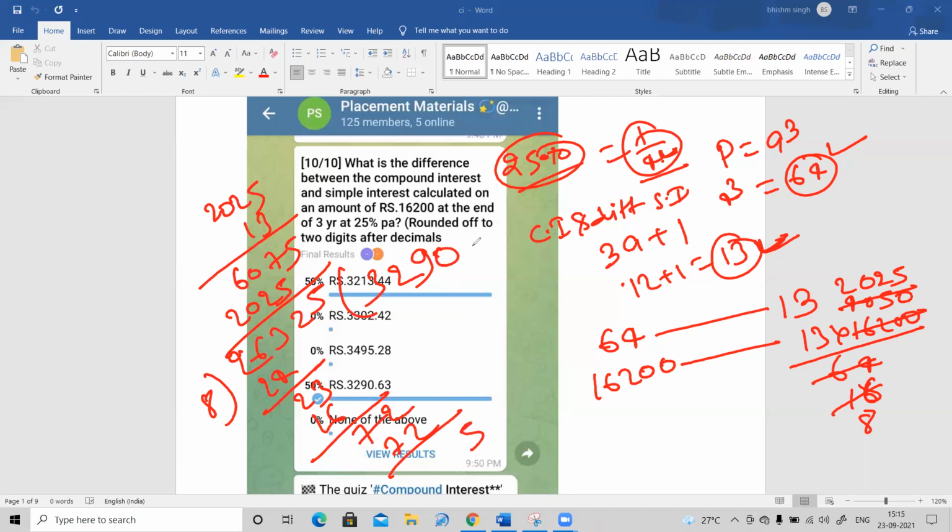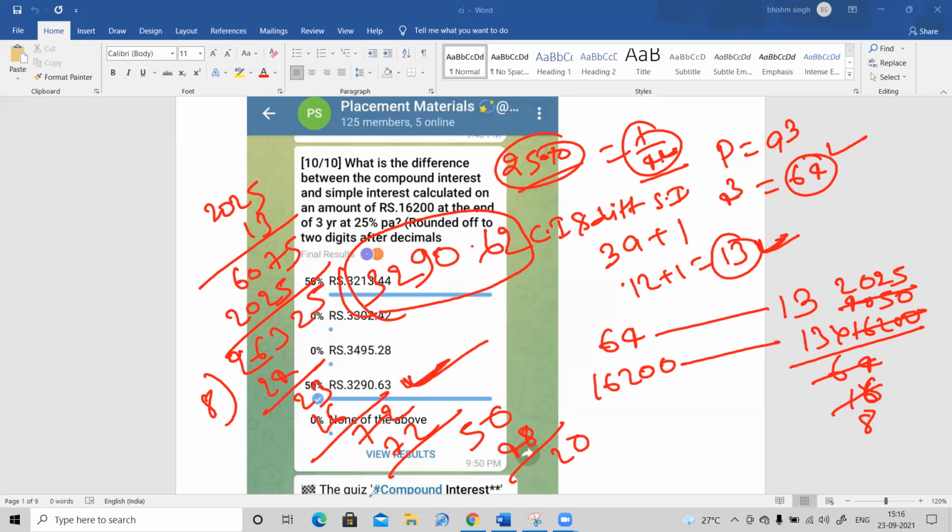So you will get 0 here, and again put here this one. 8 5s are 40, 8 6s are 48, and 2 0 here, and 8 2s are 16. So 3290.62 is coming as the answer. Okay, so this is your correct answer here.